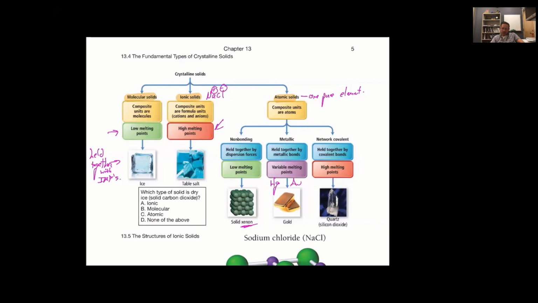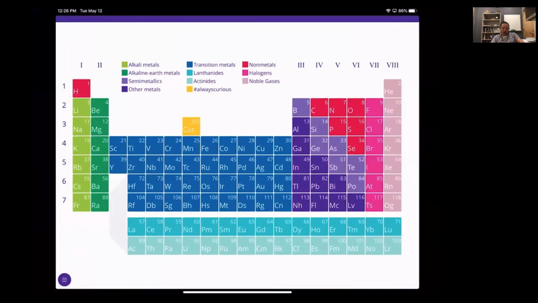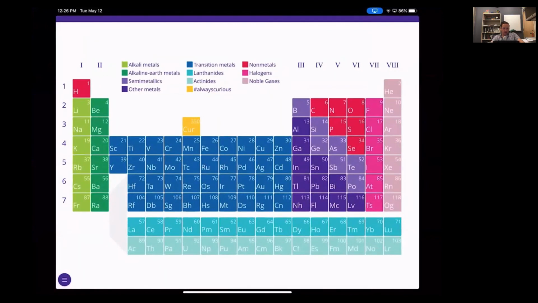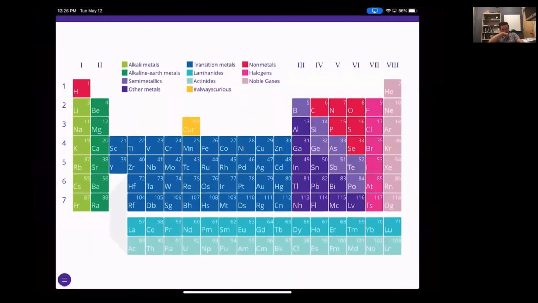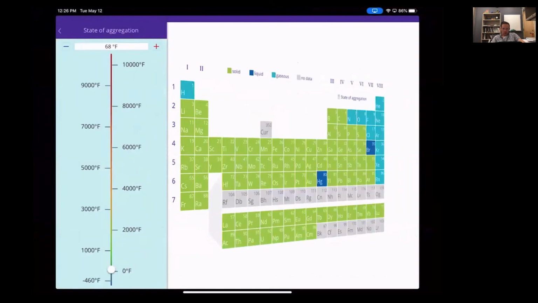I think if I go back to this EMD app, this is kind of a cool app. It's called EMDPTE, I think. It's a free periodic table. And if I come over here, we go to state of aggregation.